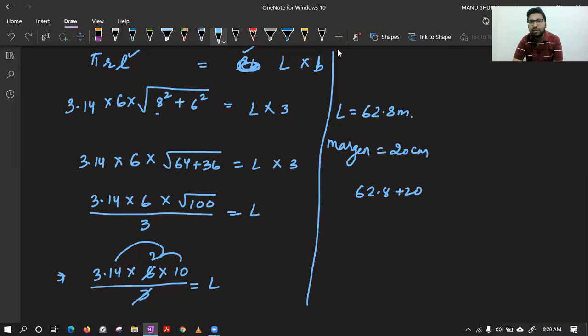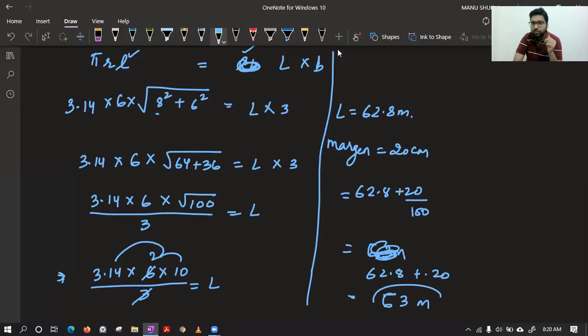Class, please tell. The answer is no, because this is 20 centimeter. We have to first make it meters. Divide by 100. Now they both are in meters. 62.8 plus 0.20. Finally, it becomes 63 meters.